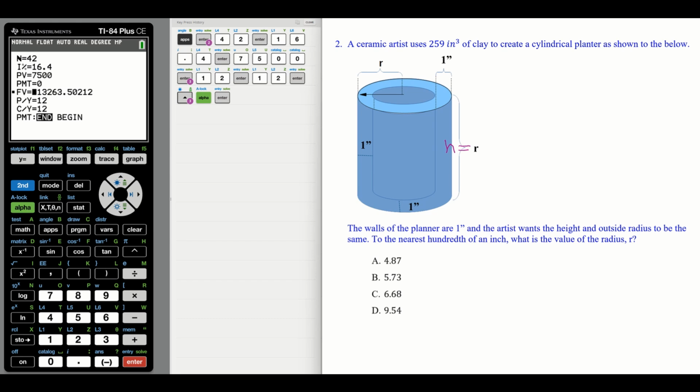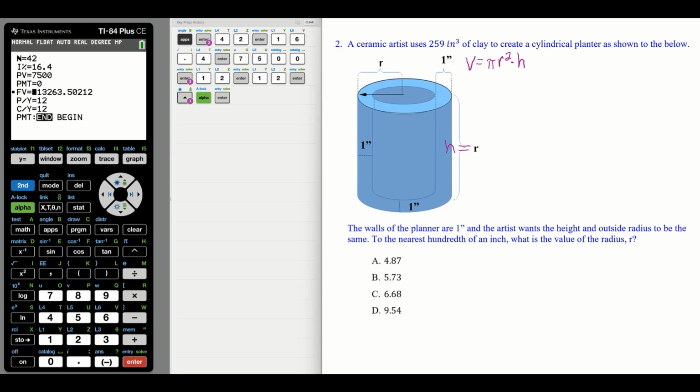Okay. The first thing we need to do is establish our volume, as an equation, though. So that means V equals pi r squared times the height. If you remember, you need the area of the base times the height. So that would be our base.